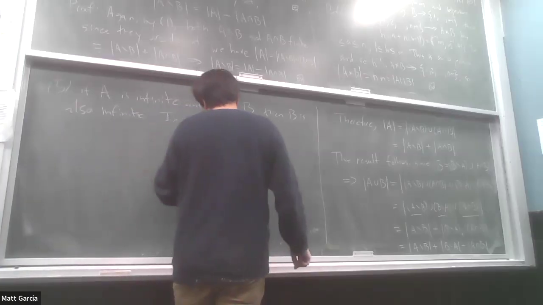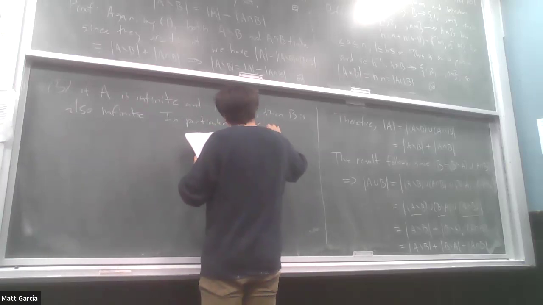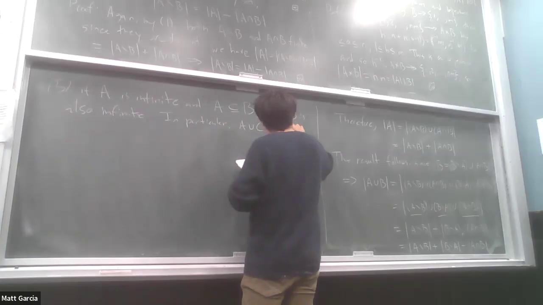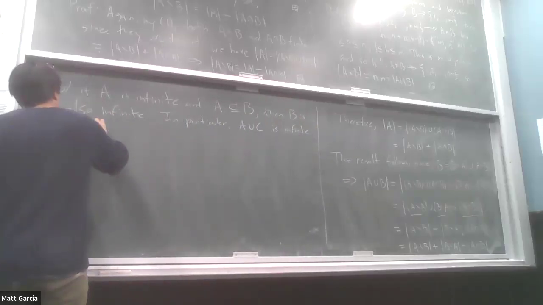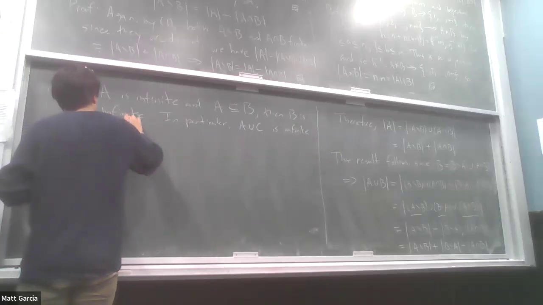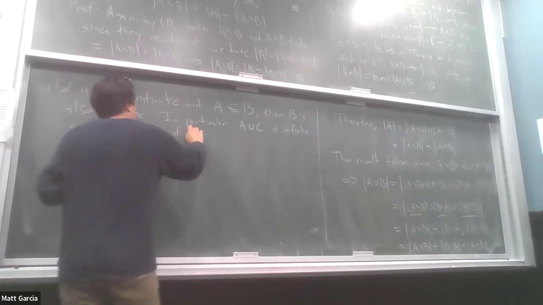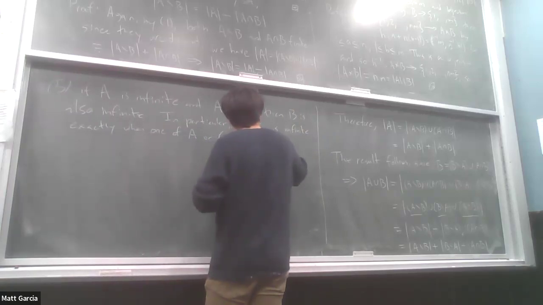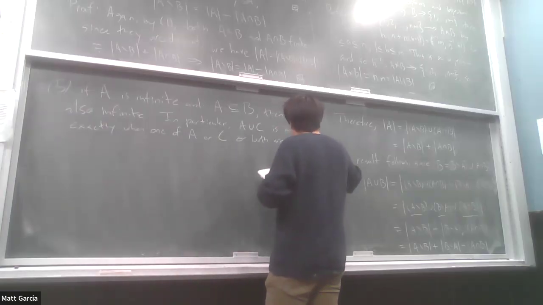In particular, A union C is infinite exactly when one of A or C or both are infinite.